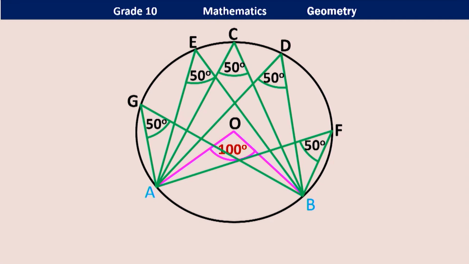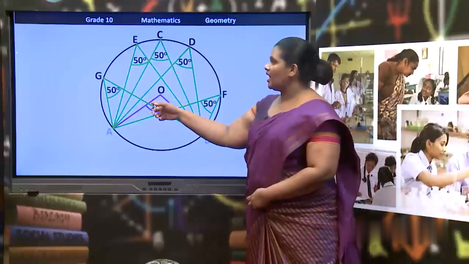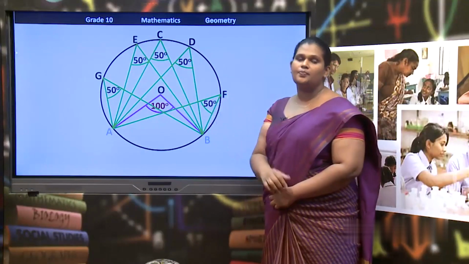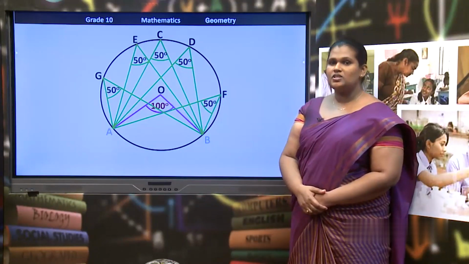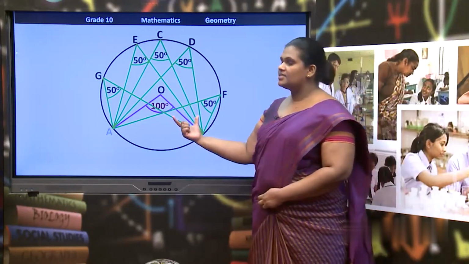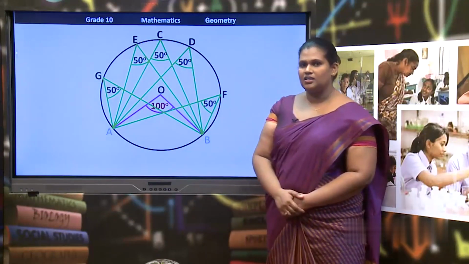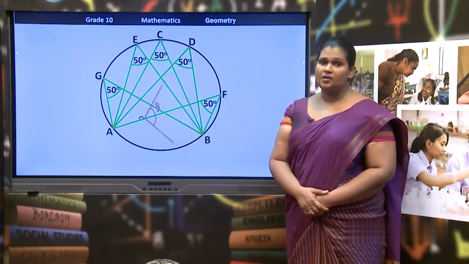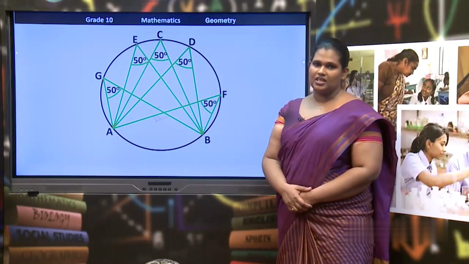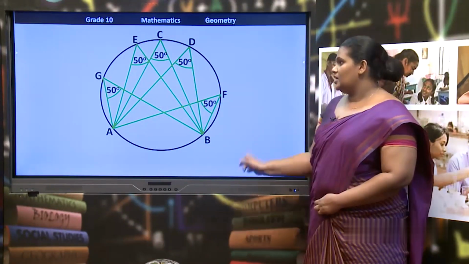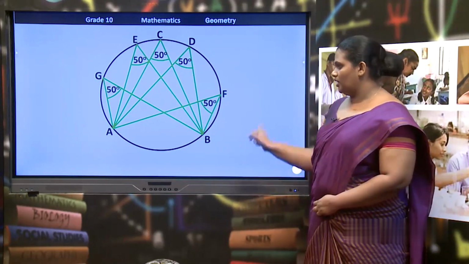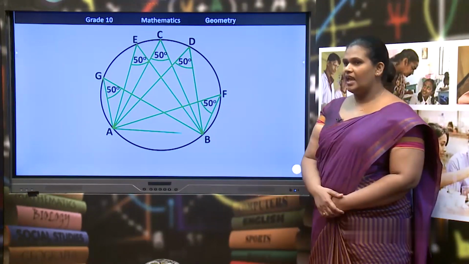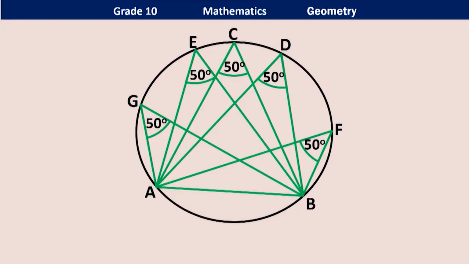Right. Now, I have got several angles on the remaining part of the circle which is subtended by the same minor arc. Right. Now, I am going to forget about the angle subtended on the center of the circle. Right. Now, if I join point A and B, what can you say about this colored portion?